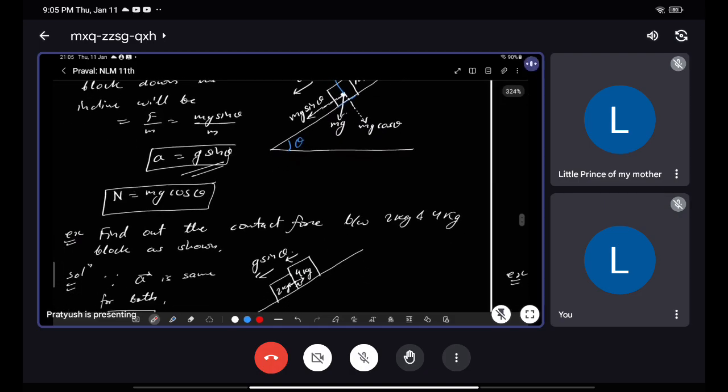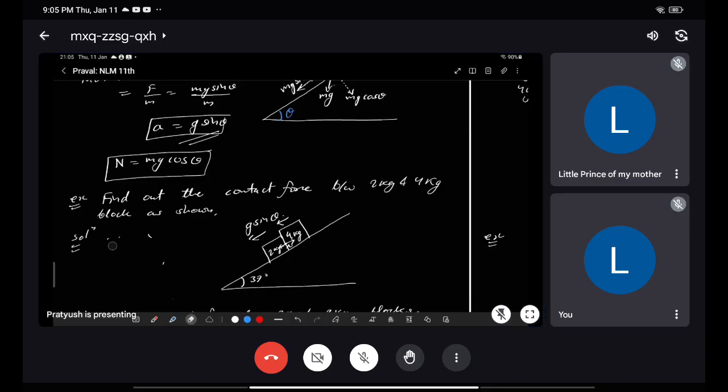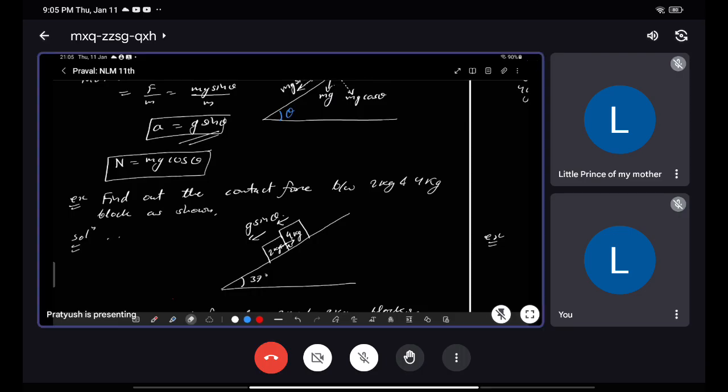Now, see this example. See this example.